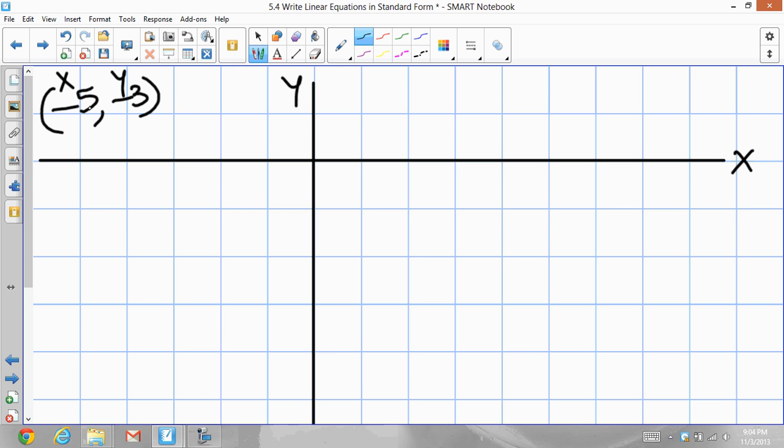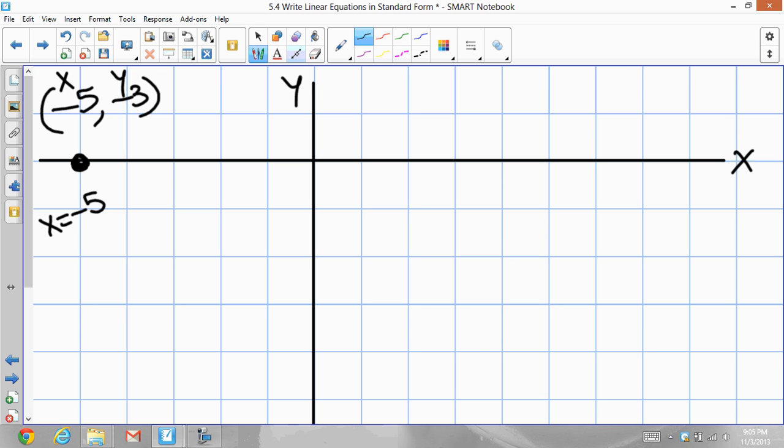So negative 5: 1, 2, 3, 4, 5, negative 5. I'm sorry, I made a mistake. My x value is negative 5. So this is going to be negative 1, negative 2, negative 3, negative 4, negative 5. So this is my x value, which is negative 5.